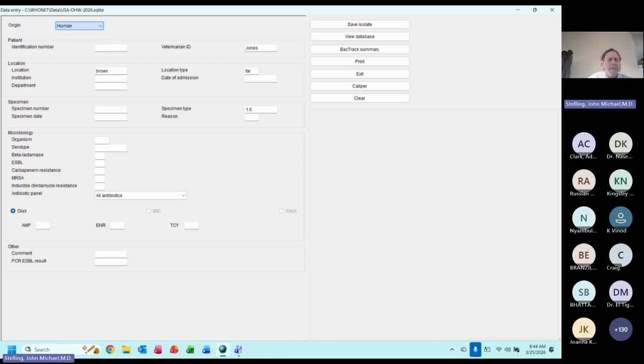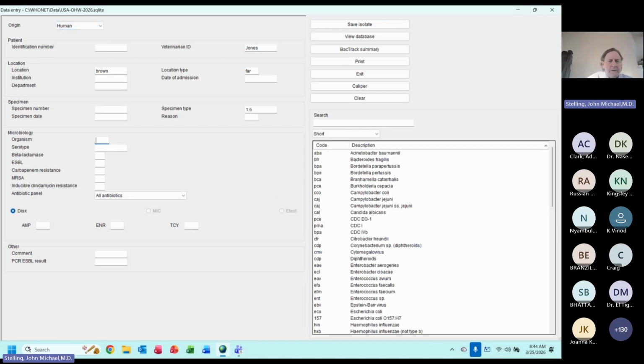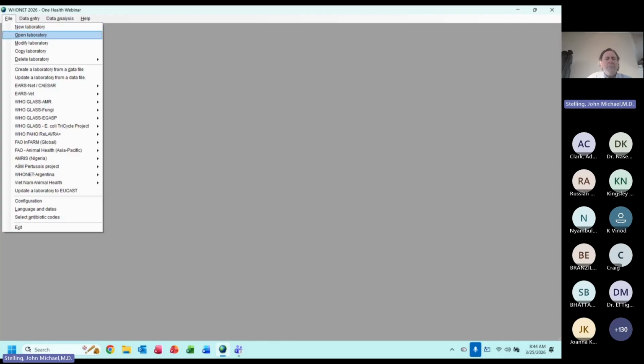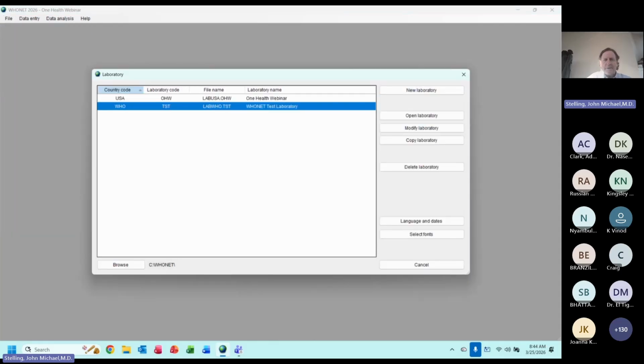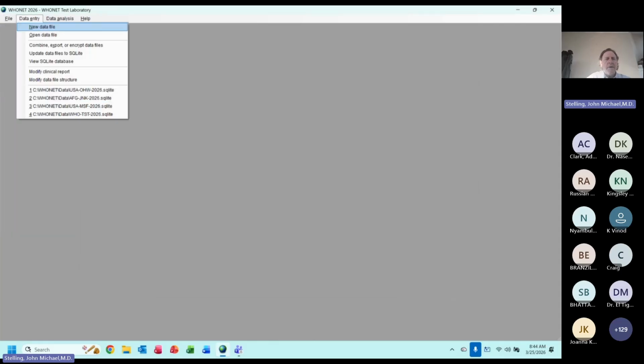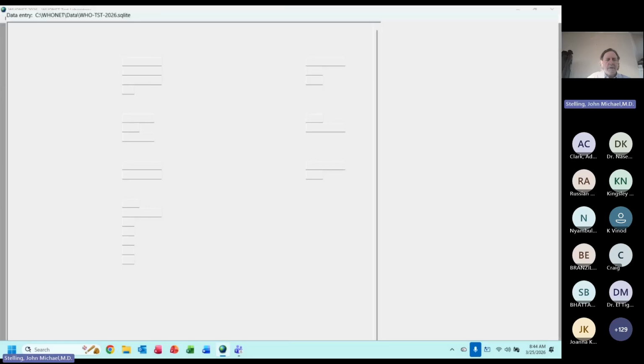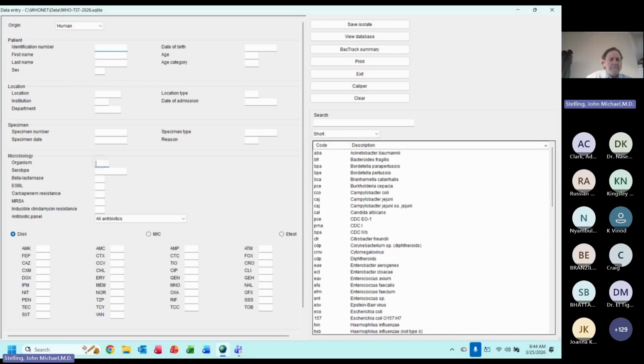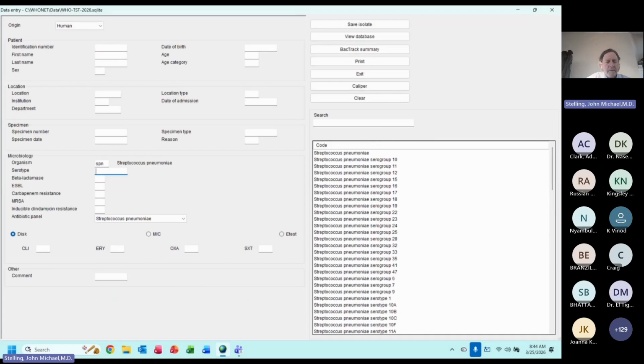Okay, let me start with human. If I say Streptococcus, I'm going to exit out of data entry. I'm going to open up a real laboratory, the WHO test laboratory. I'm going to click on open. I just want to highlight some features. I'm on human. I'm going to put Streptococcus pneumoniae.